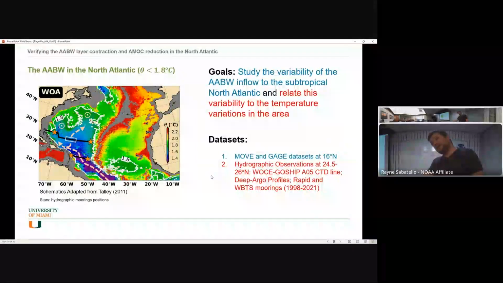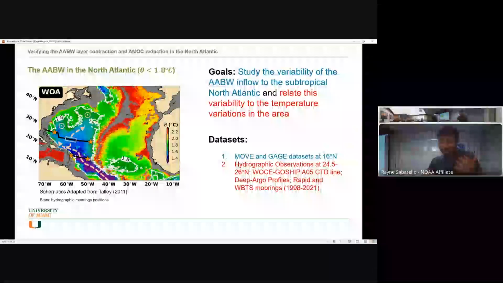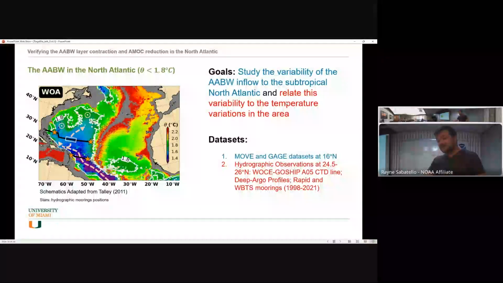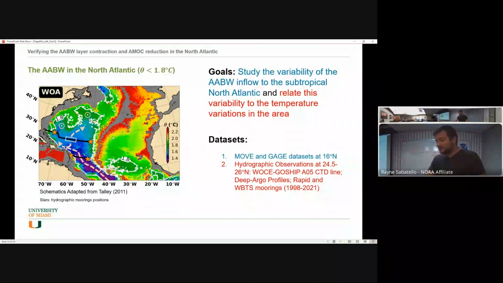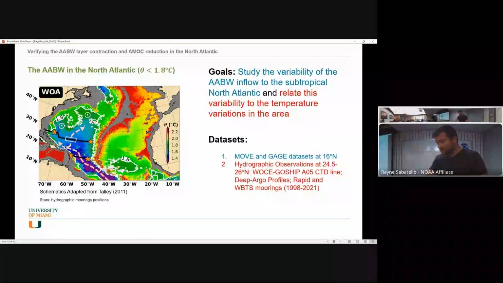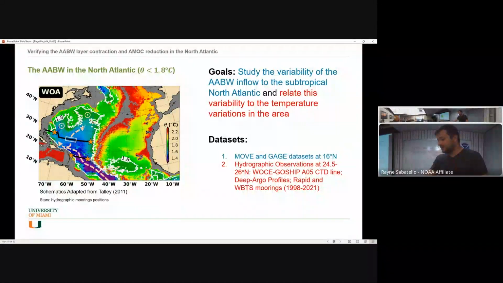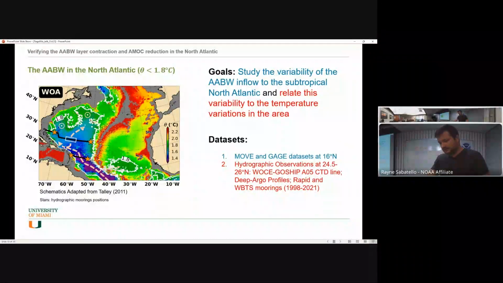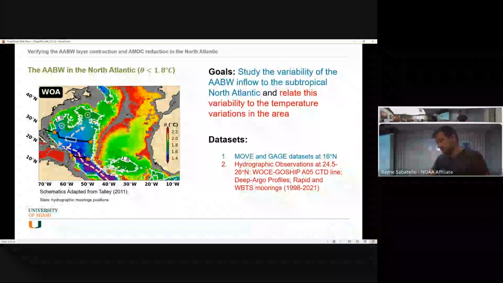Unfortunately, because we didn't have good coverage of this entire transect for several years, we had to relate this variability to the temperature variability further north, right? For that, we use the hydrographic observations between 26 and 24 north from WOCE and GO-SHIP, the historic A05 line, CTD line, right here, and the RAPID and the Western Boundary Time Series from NOAA along this line here as well.